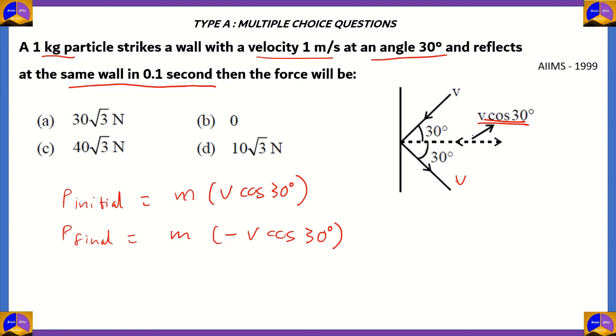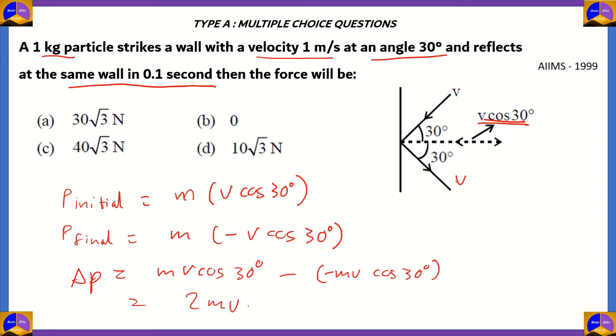So rebound of the particle depends only on the cos component of the velocity, and that's why we take the cos component to find out the momentum of the particle. So delta P, that is change in momentum, can be written as mv cos 30 degrees minus of minus mv cos 30 degrees. So similarly mv cos 30 minus of minus mv cos 30 gives you 2 times mv cos 30 degrees.